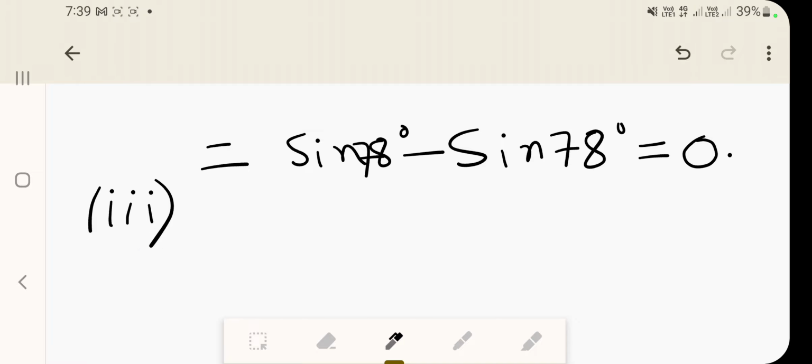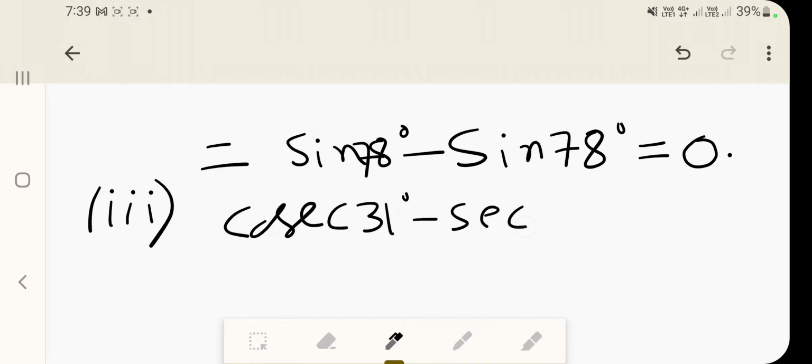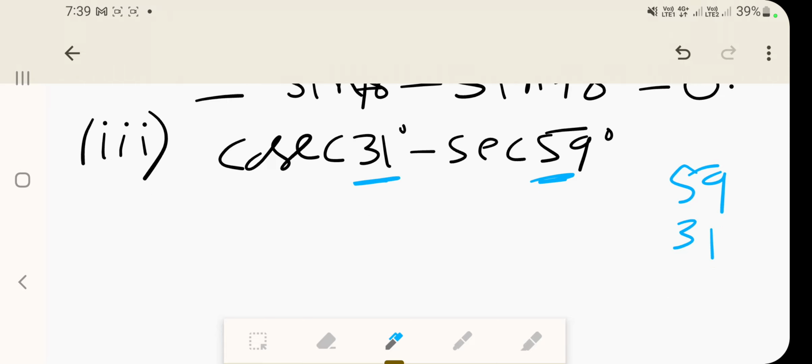Next we have cosecant 31 degrees minus secant 59 degrees. Here also, if you observe, 31 plus 59 is 90 degrees.